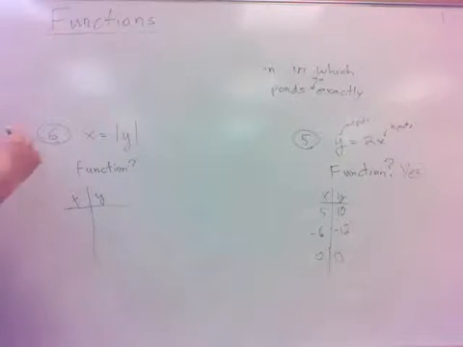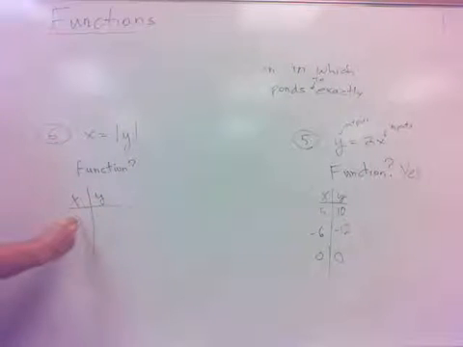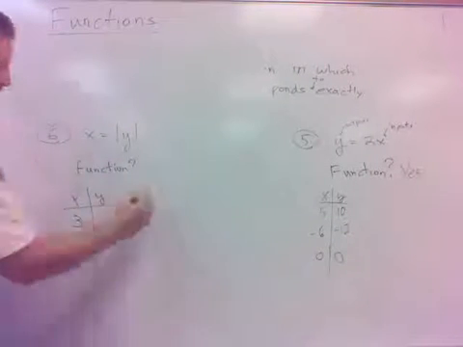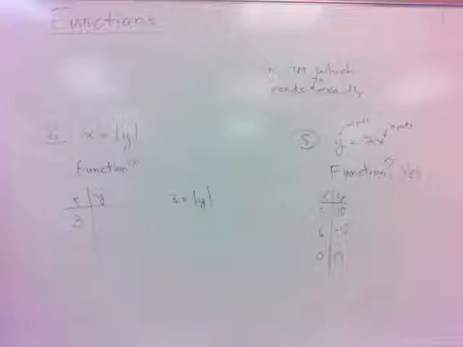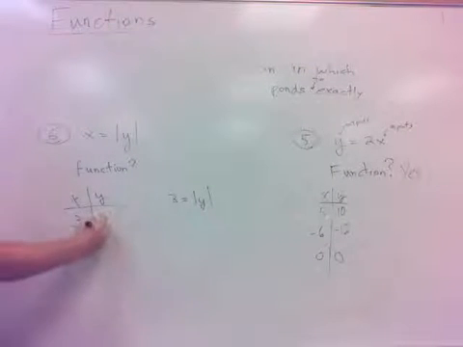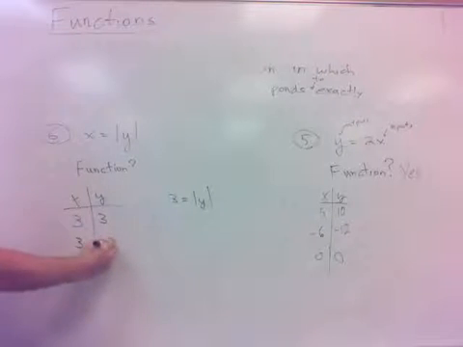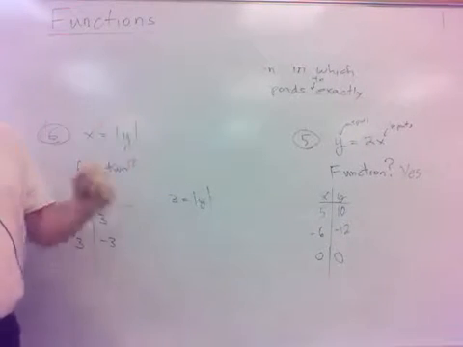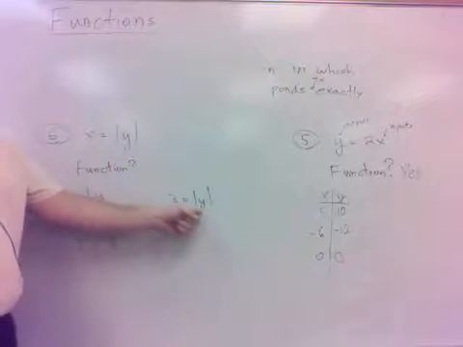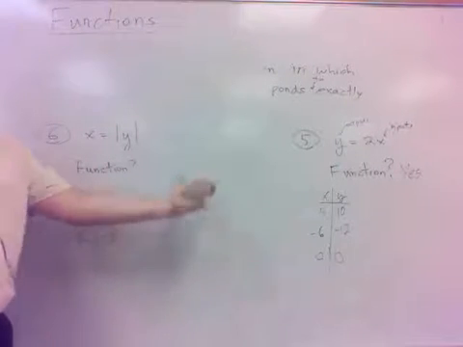Let's say I choose x to be 3. Well, that sets up this equation, doesn't it? And do you see something there that y could be obviously 3, but y could also be negative 3, couldn't it? Yeah, if x is 3, then the y value could be 3. But if x is 3, then the y value could also be negative 3 because we're doing the absolute value thing, aren't we?